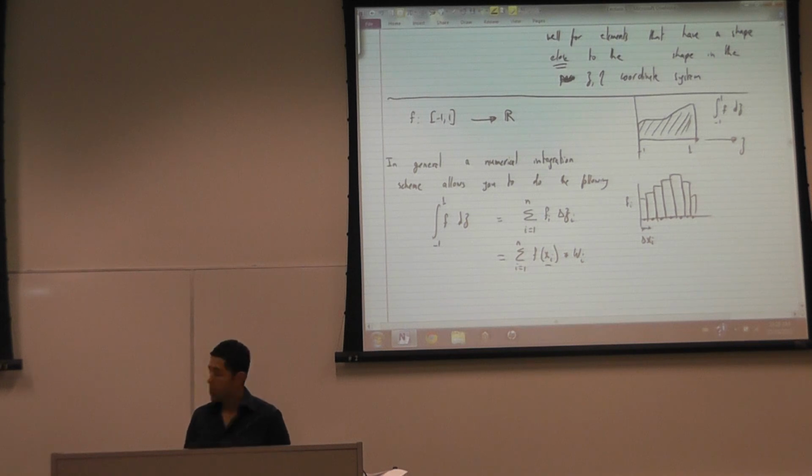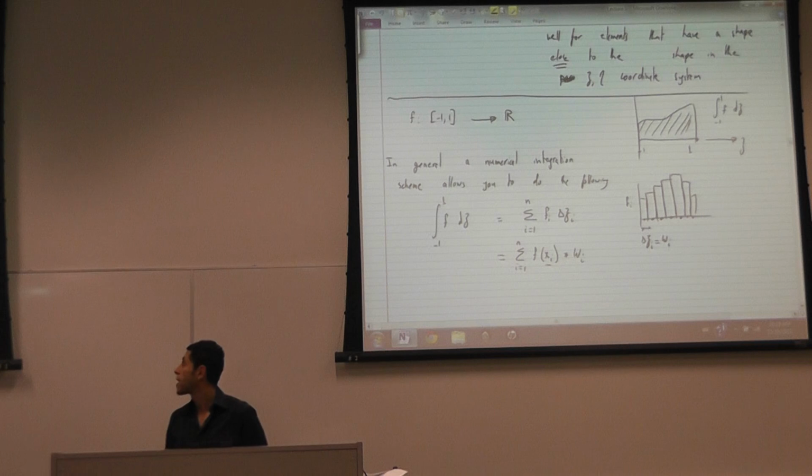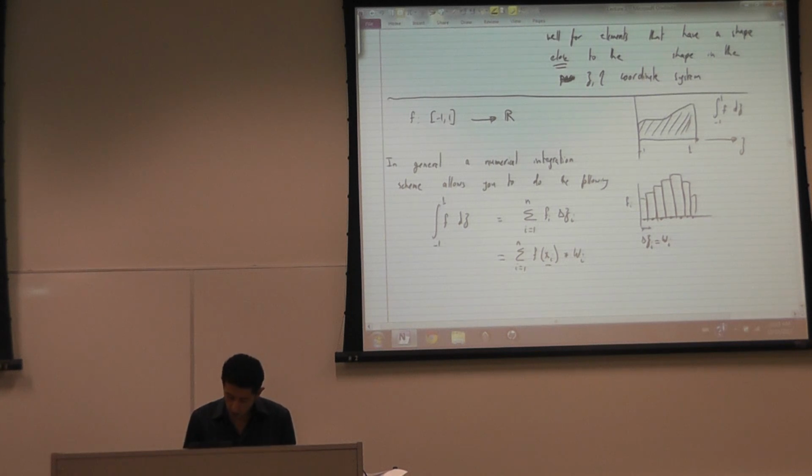This weight happens to be delta x. I can call it the weight corresponding to point i. So this is fn, and this is the weight corresponding to point n.